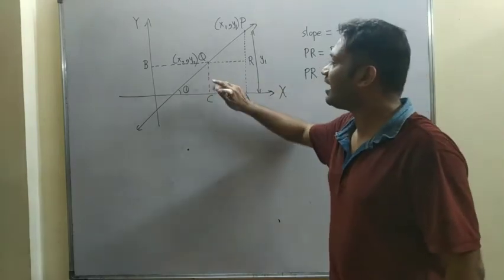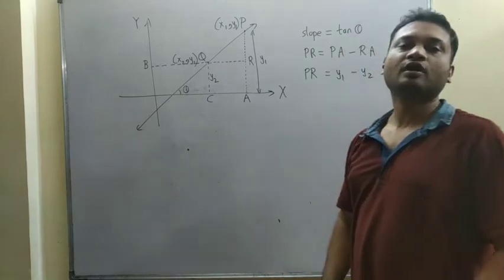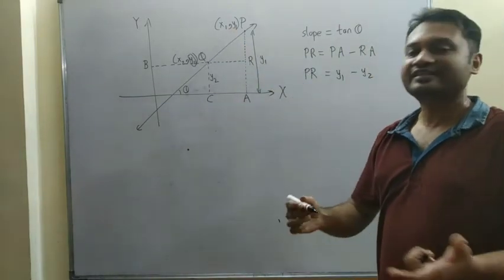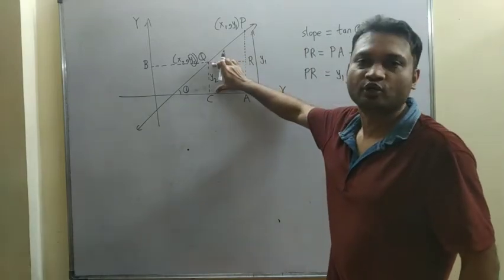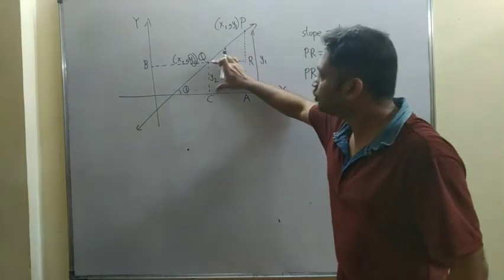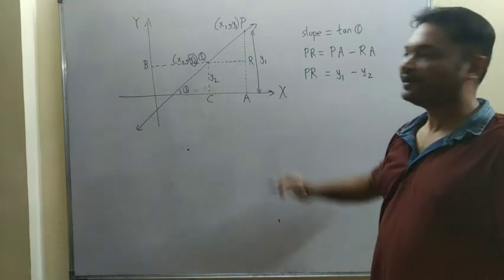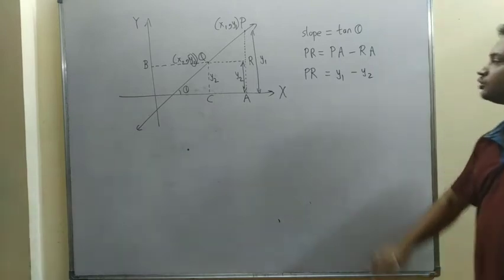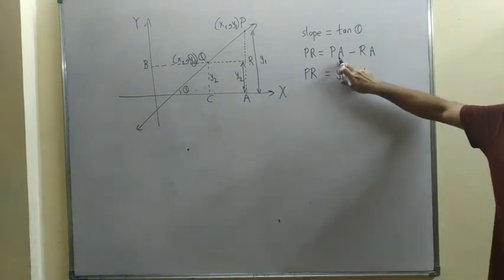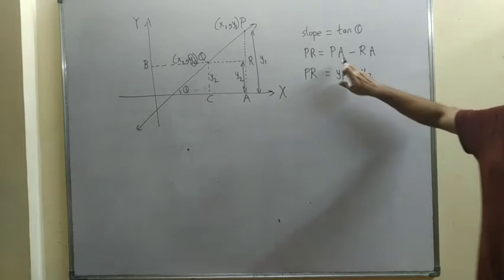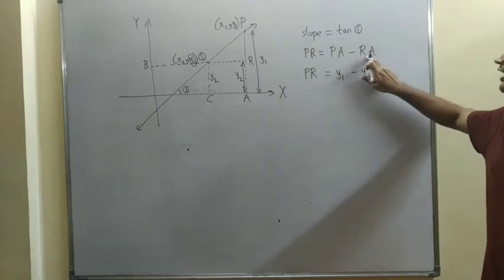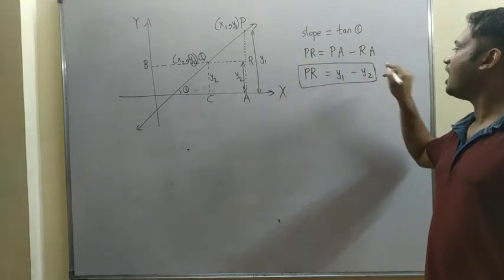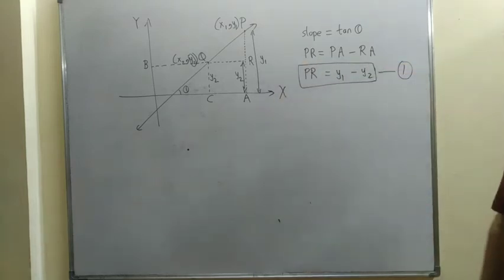QC value is y2, because y2 is the y coordinate of point Q, which is nothing but the distance of point Q from the x-axis. So RA value will be equal to y2. So PR is equal to PA minus RA, where PA value is y1 and RA value is y2. So this is the value of PR. Let us call this equation number 1.